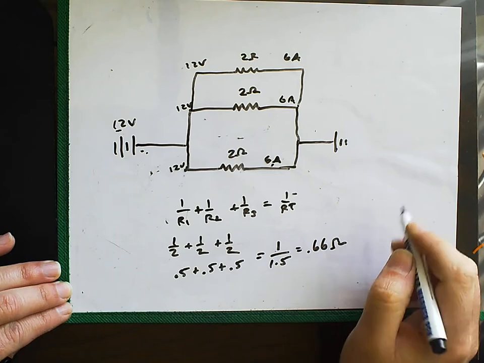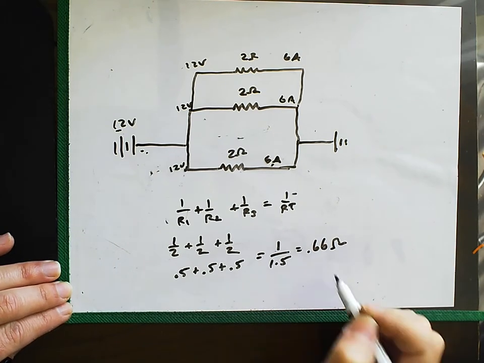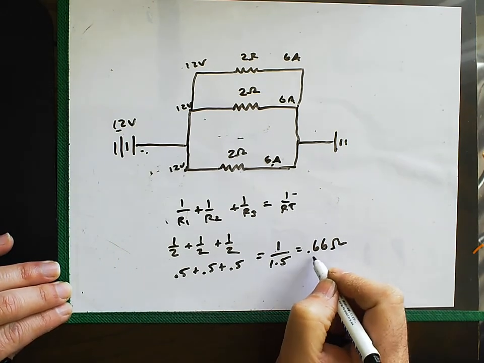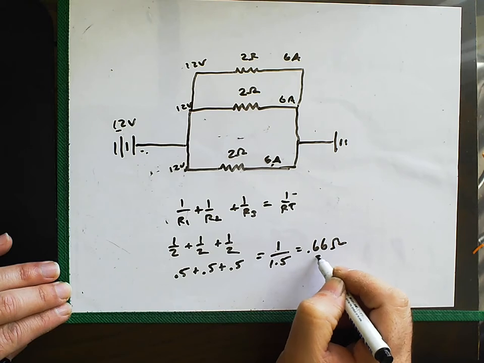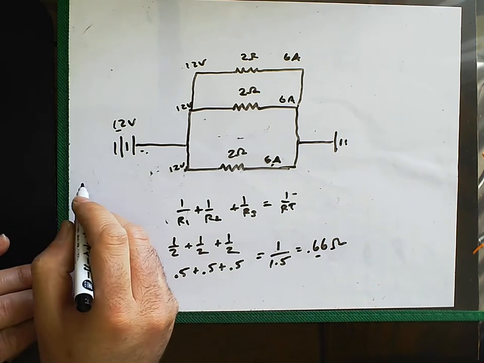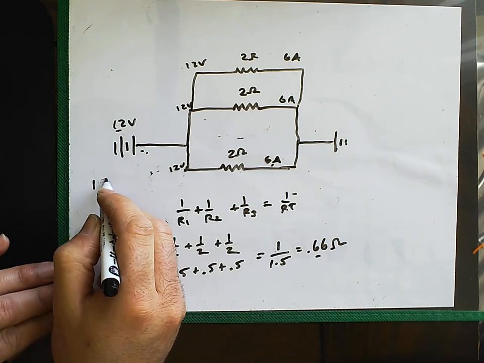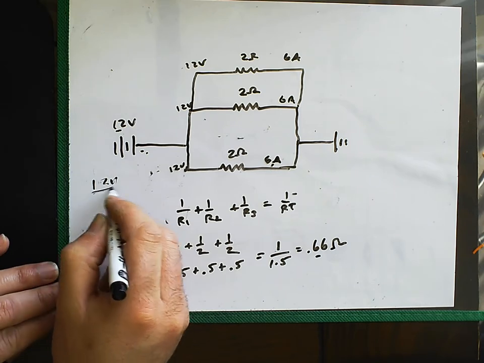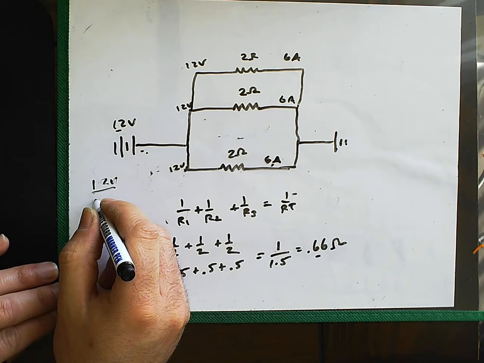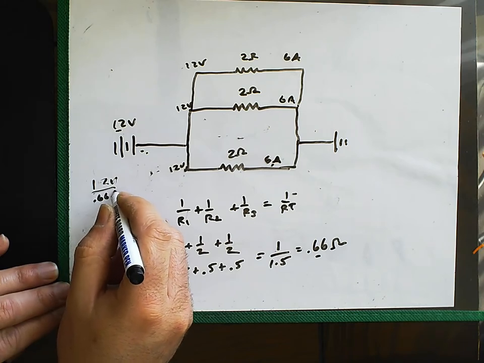It's actually 0.666 and it continues, right? But I'll leave it right here. So that means my total resistance is 0.66. If I know my total resistance is 0.66, I could double check my amperage: 12 divided by 0.66 ohms.